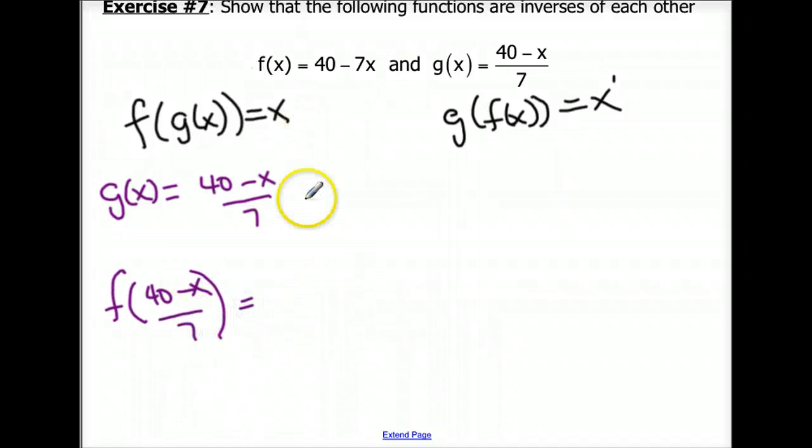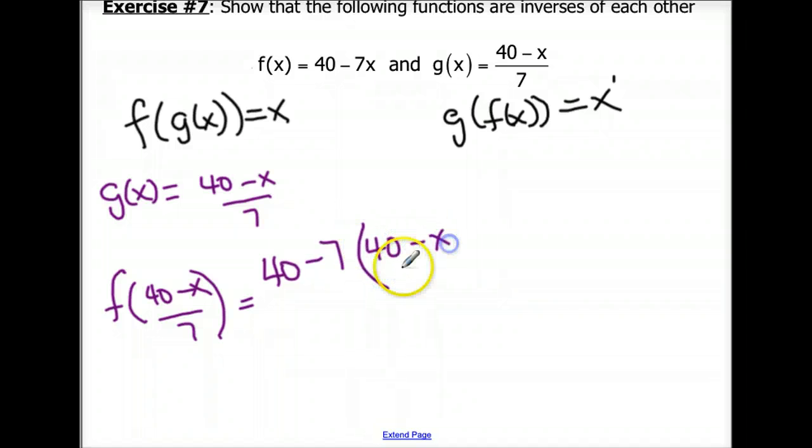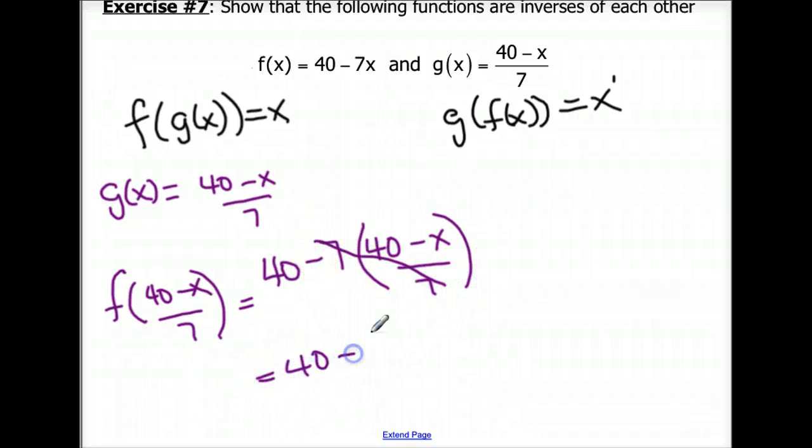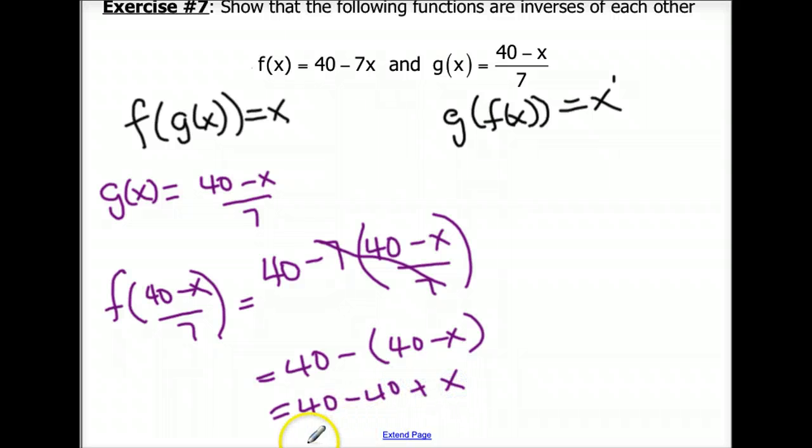You can do this. I'm going to use my f function right here. This becomes 40 minus 7, but instead of x, I'm going to put all of this, 40 minus x over 7. My 7s cancel, and I'm left with 40 minus, and notice I kept my parentheses. Then we distribute this negative: 40 minus 40 plus x. This will give me x, which is exactly what I wanted.